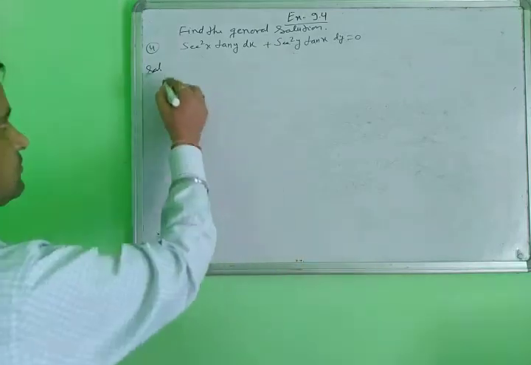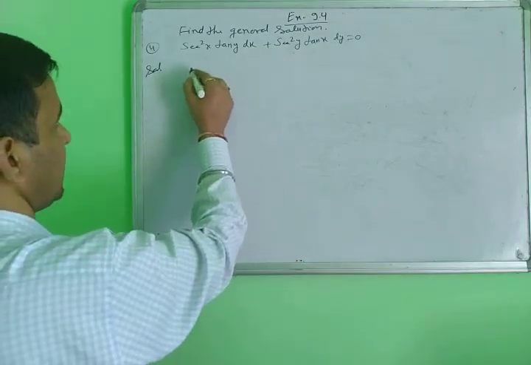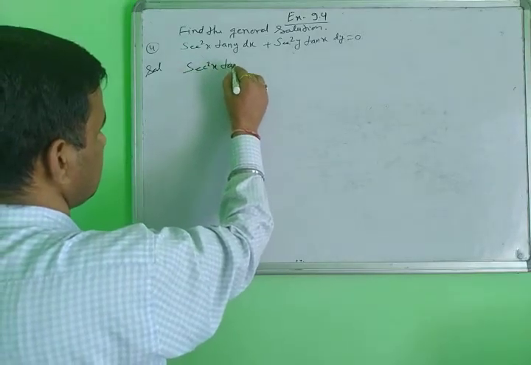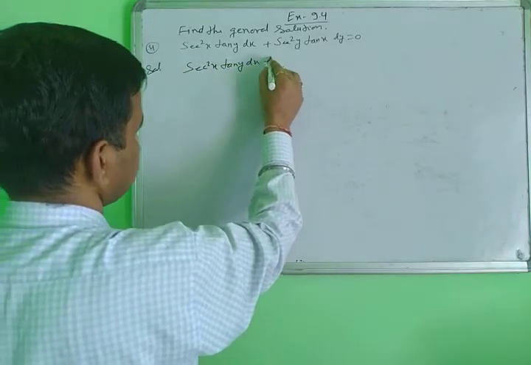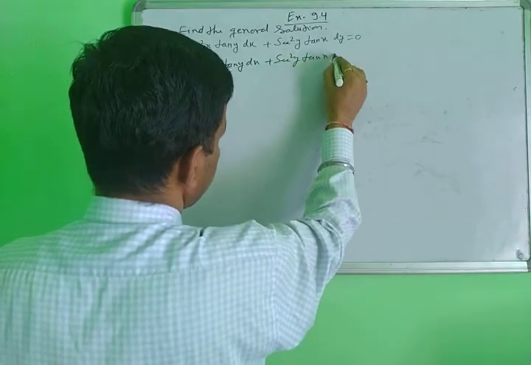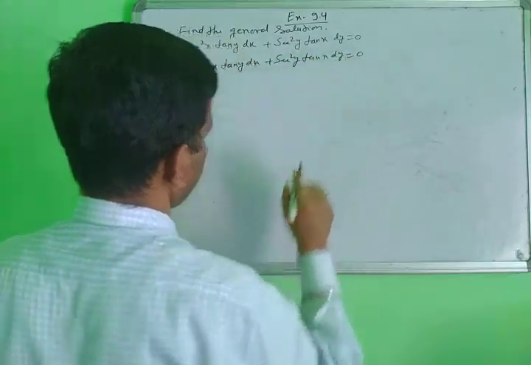Yes, now you write sec square x tan y dx plus sec square y tan x dy equals 0.